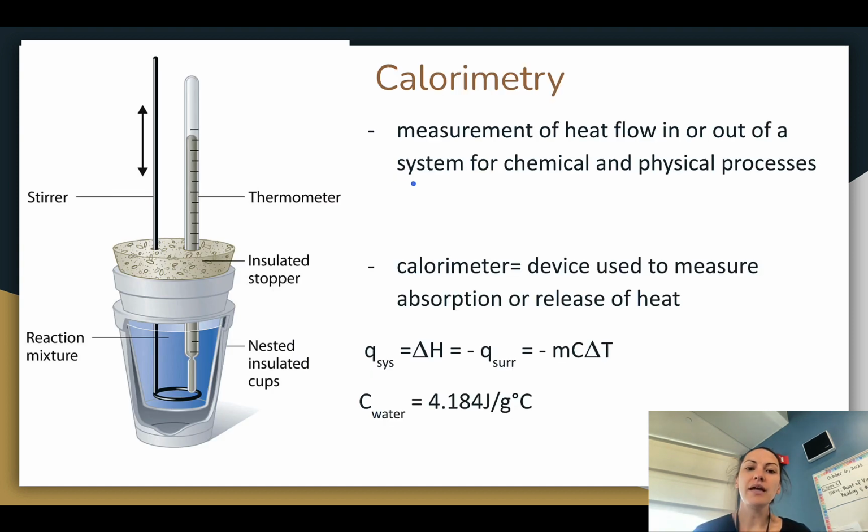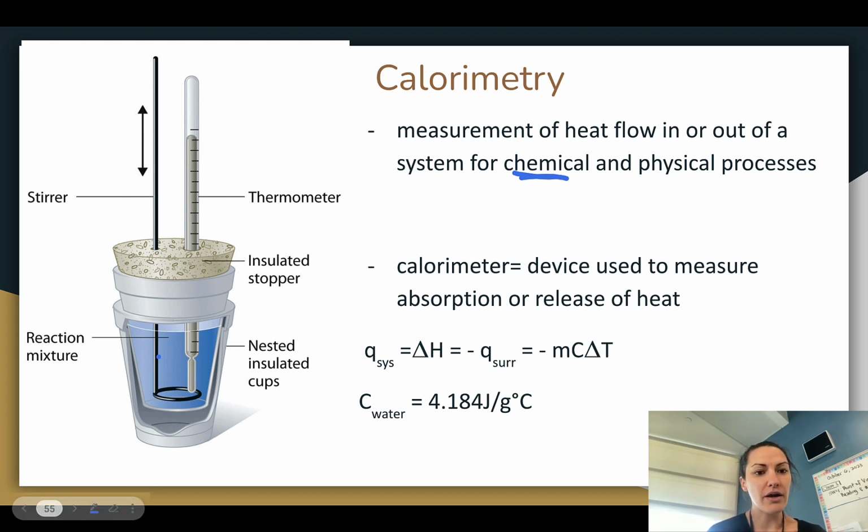So where we can apply this concept of Q equals mc delta T, or specific heat, is in this idea of calorimetry. Calorimetry is a way that we measure the heat flow in or out of a system for a chemical or a physical process. Here in chemistry, we're going to talk a lot about chemical processes. For example, we might have a reaction in this calorimeter.